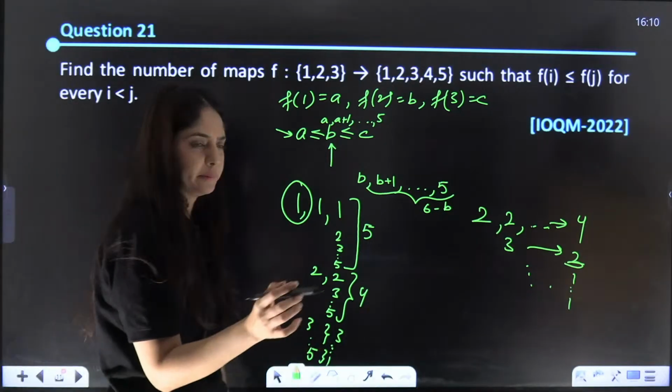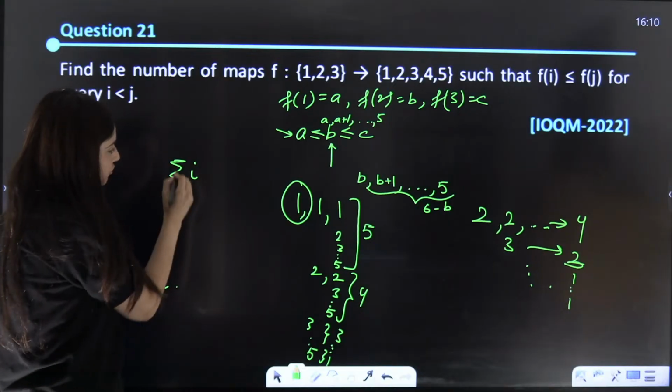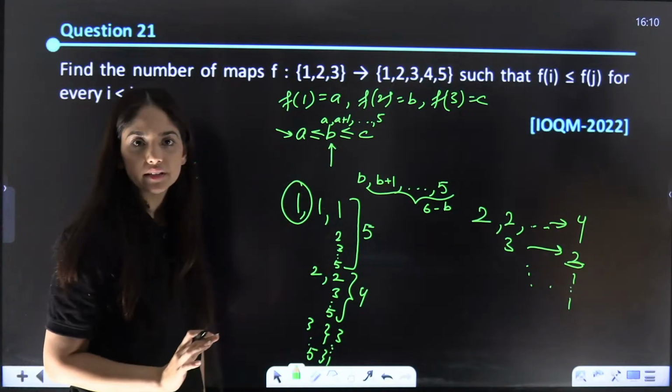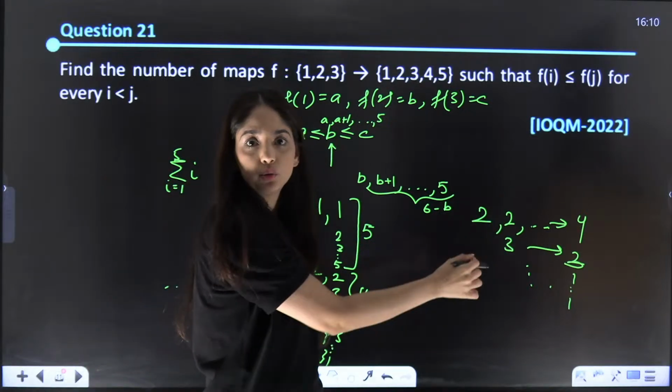Or just simply we are doing sigma i goes from 1 to 5 for this, 1 to 4 for this, 1 to 3 for this.